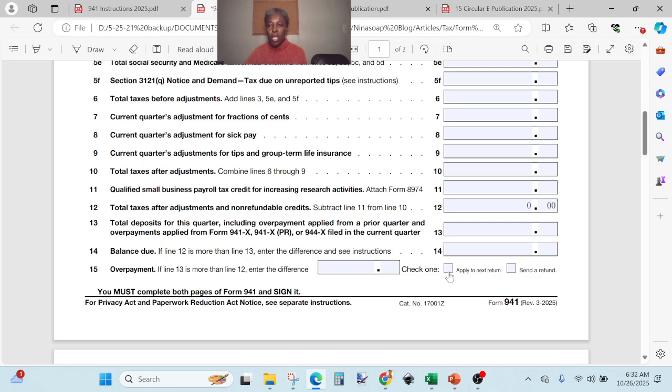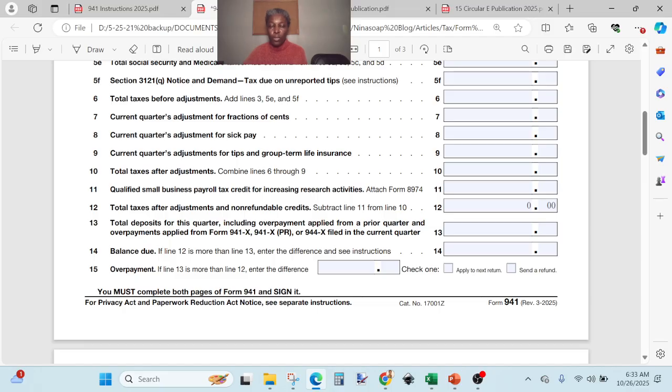You check that box, or you decide if you want them to keep it so that you can apply it to the next quarter. And that's why, for line 13 for the next quarter, you'll remember to include the refund that you didn't take, with any deposits you made for that quarter, to have the total. That's why they have that overpayment here for the previous quarter. In case there is an overpayment in quarter 2 that you didn't take, you can add it to quarter 3 deposits and total them there.